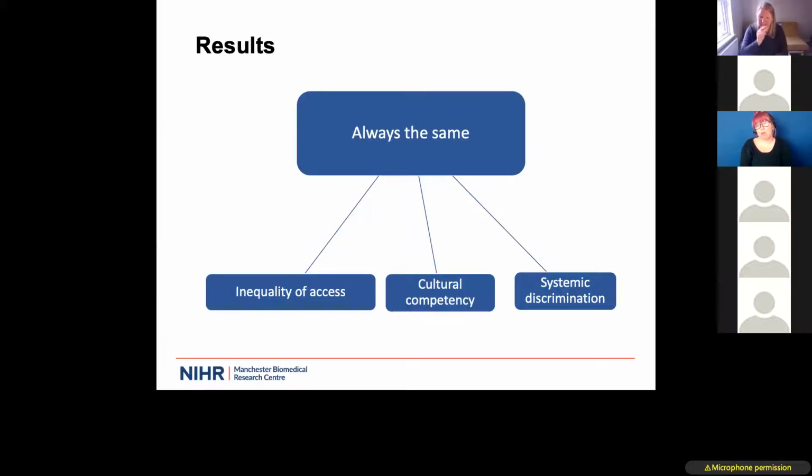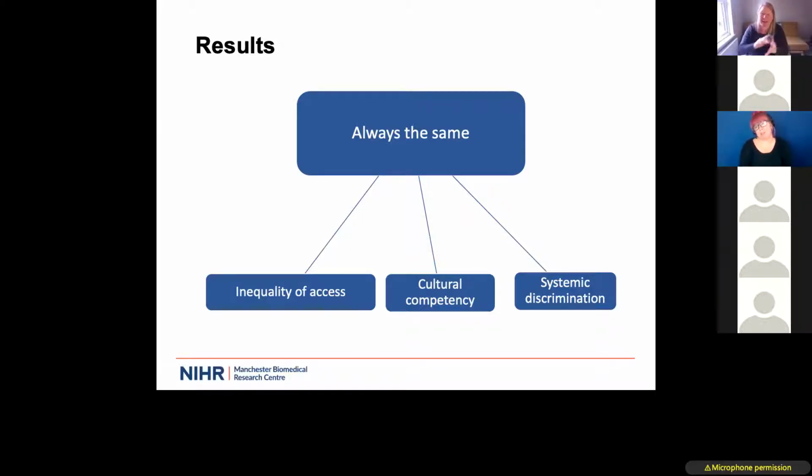Also, the lack of cultural competency at all levels, so structural, organisational, professional and practitioner level. For example, there's nobody that's able to sign, lack of deaf awareness. The waiting room isn't designed with deaf British Sign Language users in mind. Little information is accessible in British Sign Language.